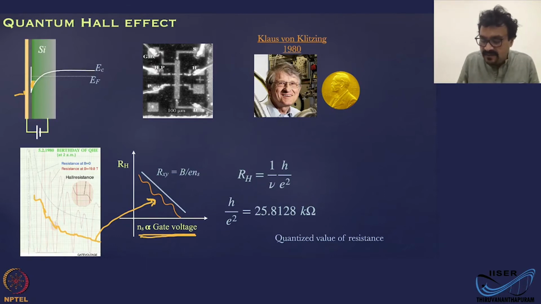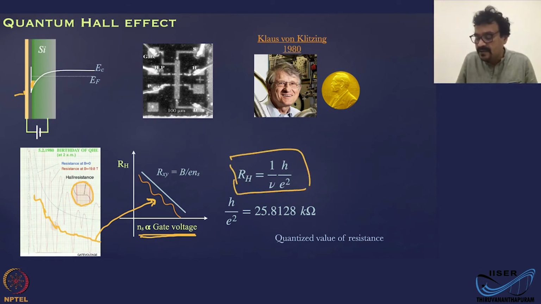We have a step-shaped curve, and this is a magnified view of that curve. Okay, so you have a flat region, a step at certain quantized values of RH, which are given by this formula, where nu is an integer. So instead of a straight line, you have a step-shaped curve, where the step values are actually quantized in h by e squared.